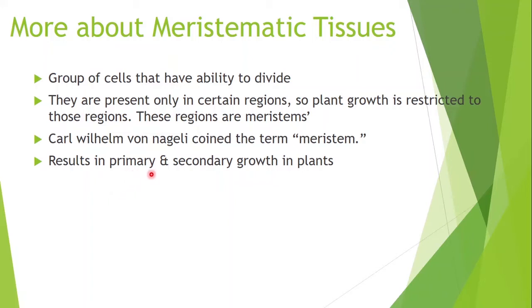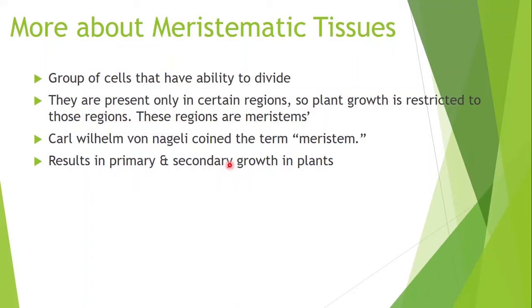Now I talk about secondary growth. I am talking about the thickness of the plant. You would have seen that initially it was thin, but later it becomes thick. Again, when the plant becomes a tree, it becomes even thicker. So the thickness also increases, right? This growth is known as secondary growth.